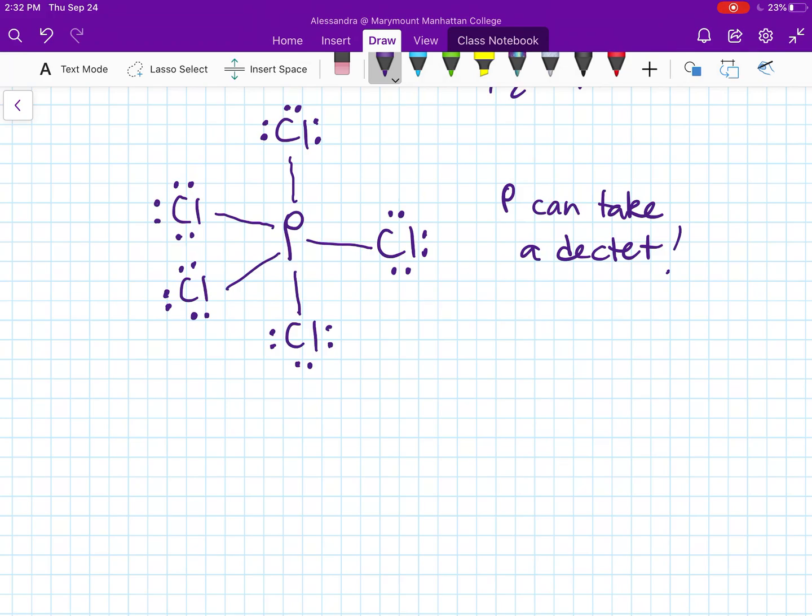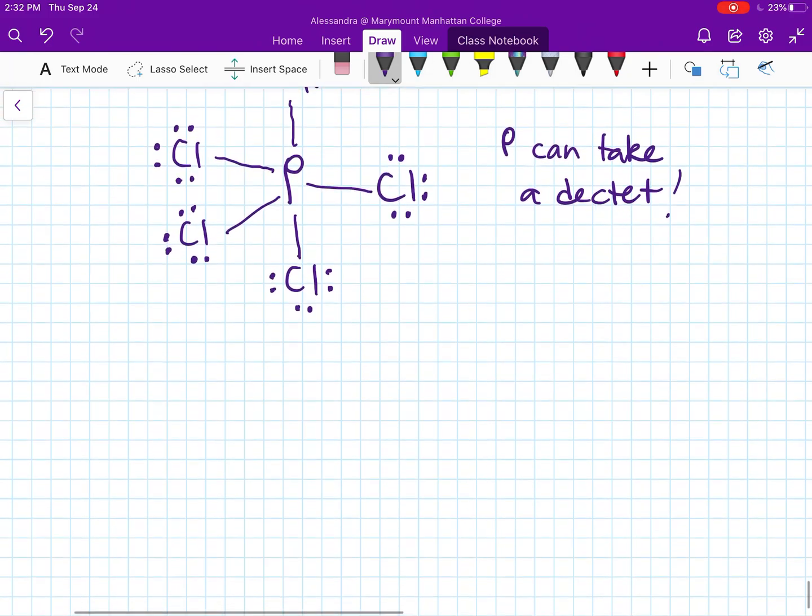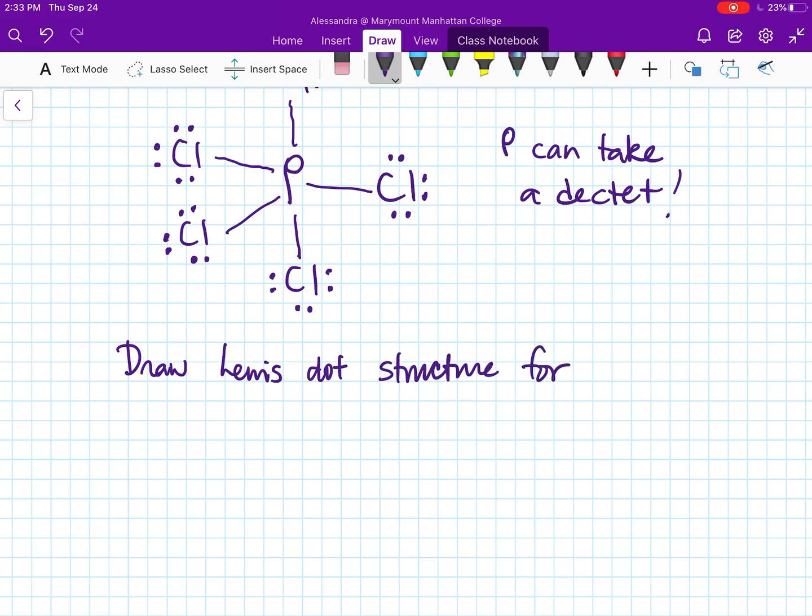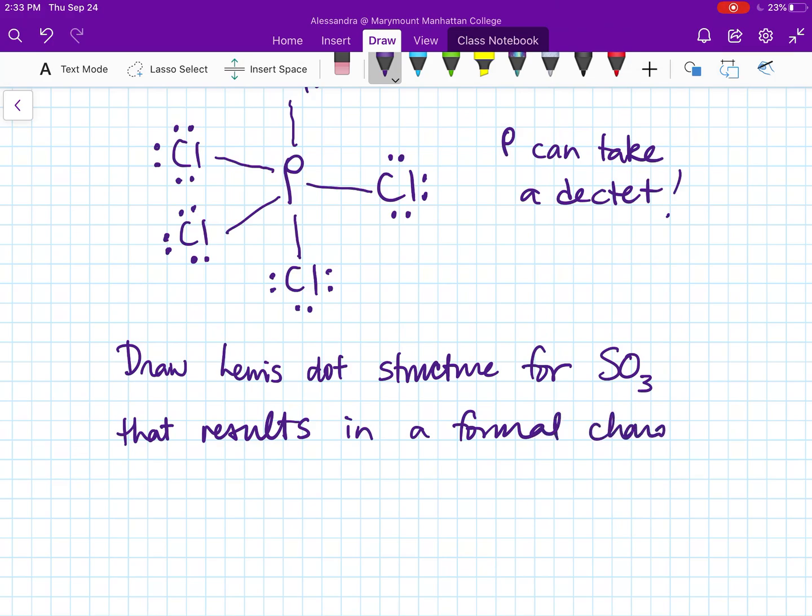Let's do another example of a valency expansion case. I would like to draw a Lewis dot structure for the compound SO3 that results in a formal charge of 0 on sulfur.